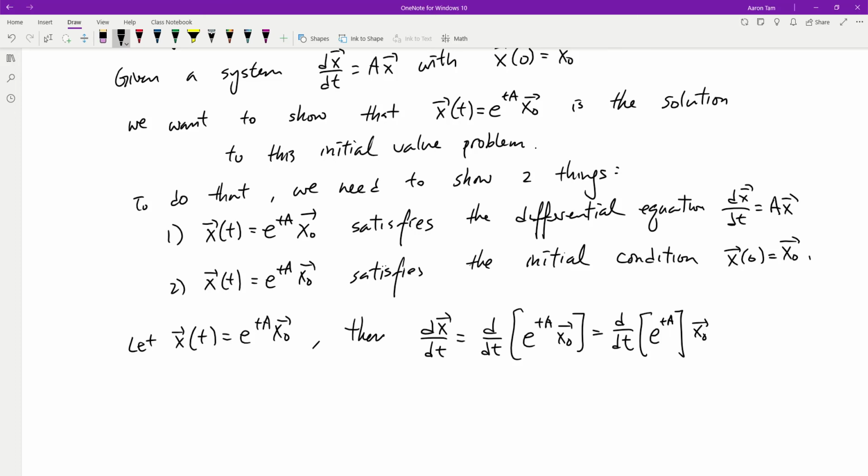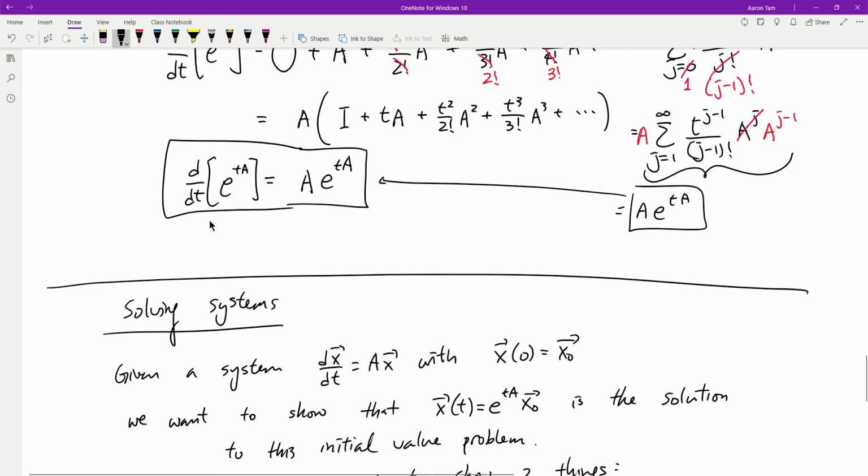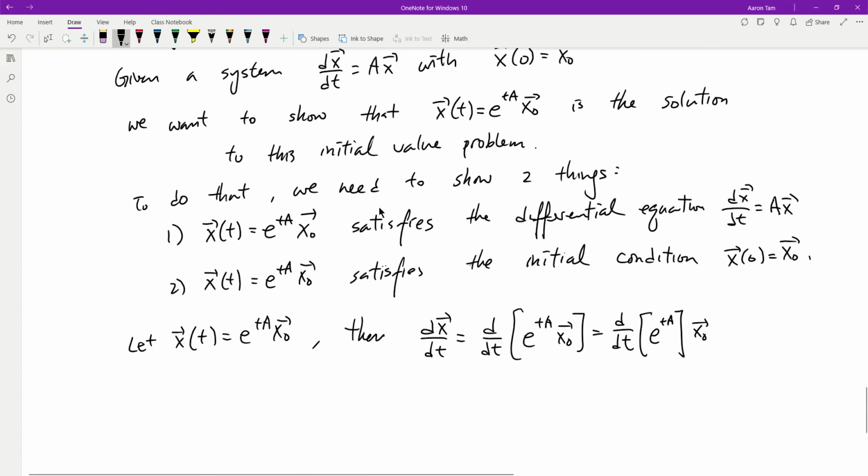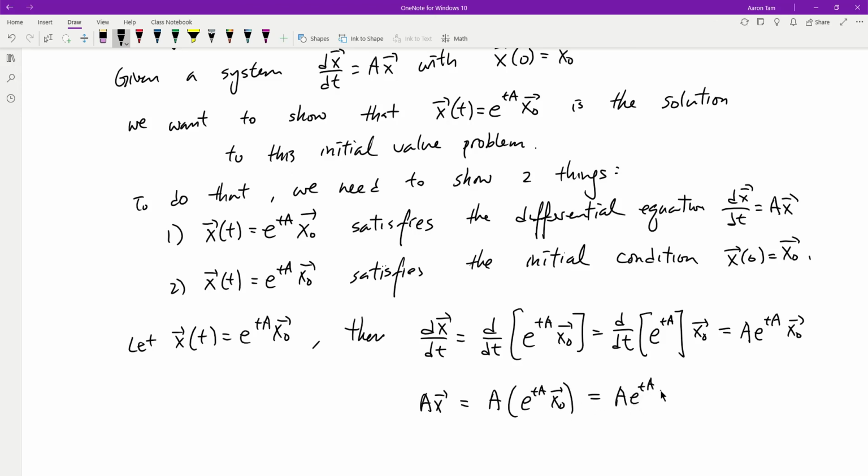And now, since we already established that when we take the derivative of e to ta, I just get a e to ta, it becomes a e to ta vector x sub 0. Now, let's see what a times vector x would be. That just becomes a multiplied by e to ta vector x sub 0, which is a e to ta vector x sub 0, which matches what we have right there.